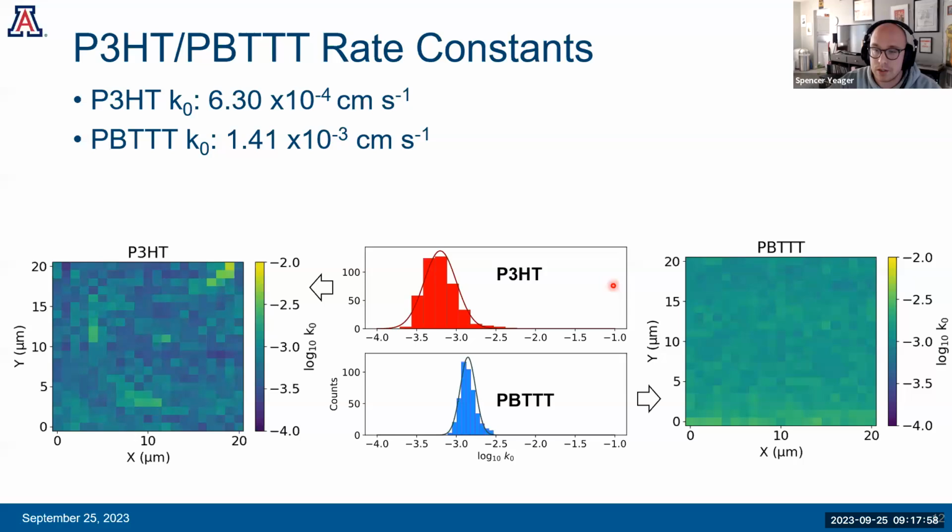And because these measurements are taken spatially, you can also make a map of the rate constants in these samples. And so that's what these pictures on the left and right are showing.